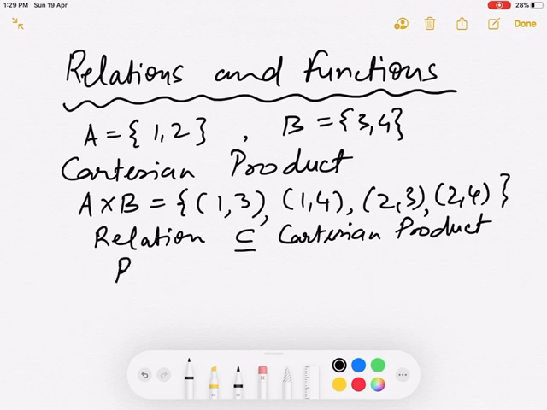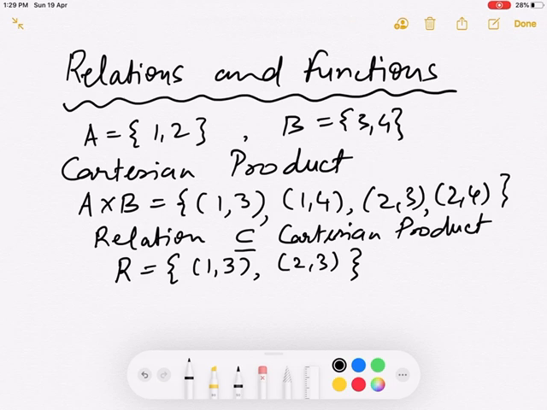If we write a set R containing any number of terms from A cross B, for example (1, 3) and (2, 3), then this set R is a subset of A cross B and therefore it is a relation from A to B.